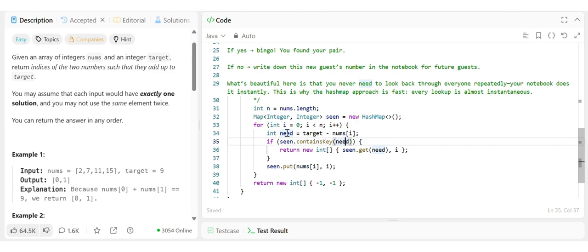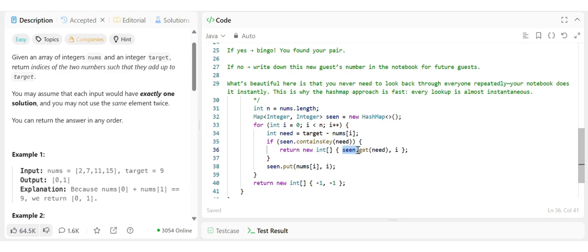So of course, i is the position of the person whom I am meeting. I just want the position of the person whose number added to the number of this current person gives me the target. How do I find it? Go to my notebook seen. Get the position of the person whose number is need.